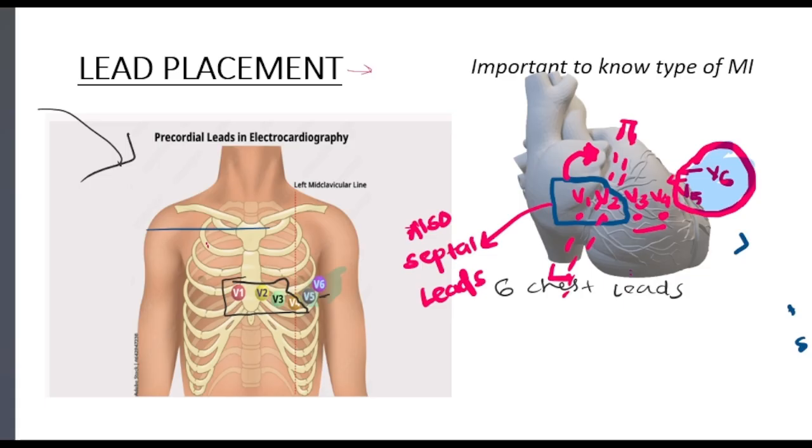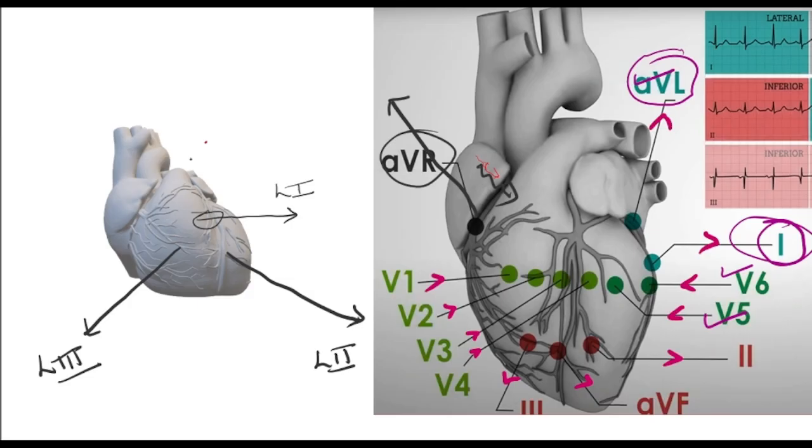If you can recall, this is V1 to V4 and this is V5 and V6. Here we have V5 on the lateral side, again V6 on the lateral side, and we have lead 1 as well. So V5, V6 and lead 1 are on the lateral side. Now is it clear? Yes.